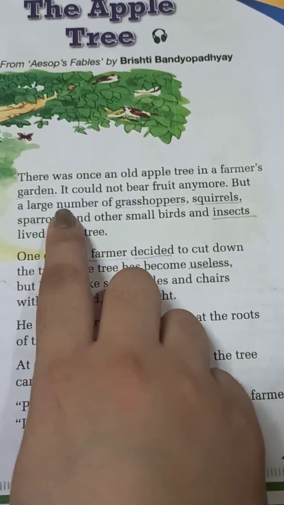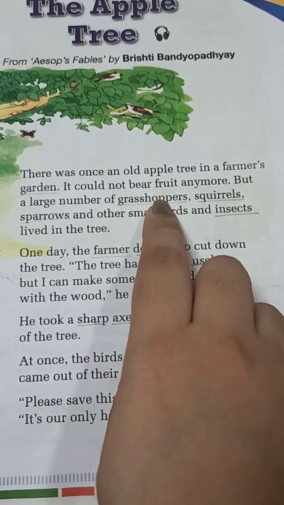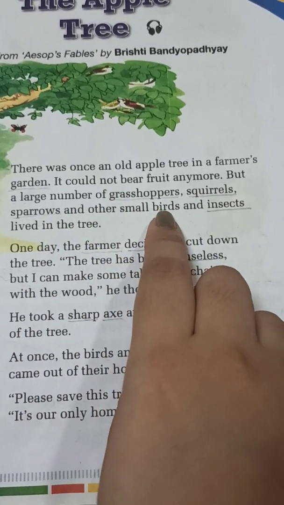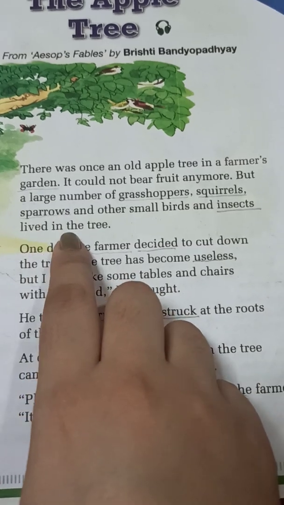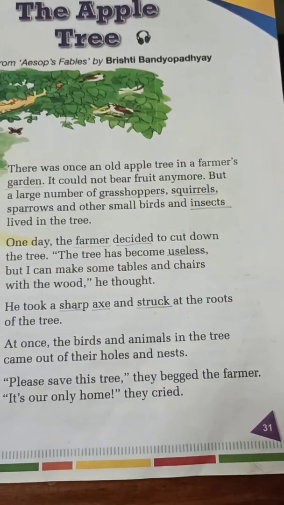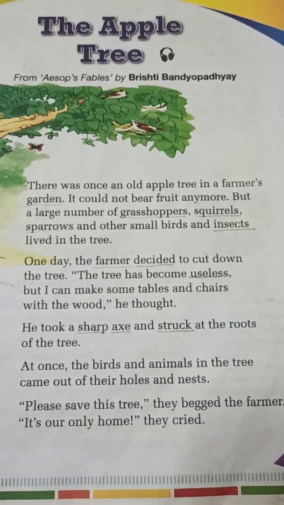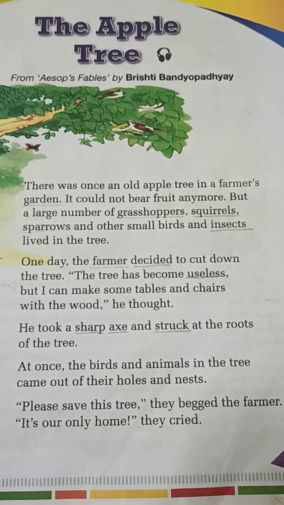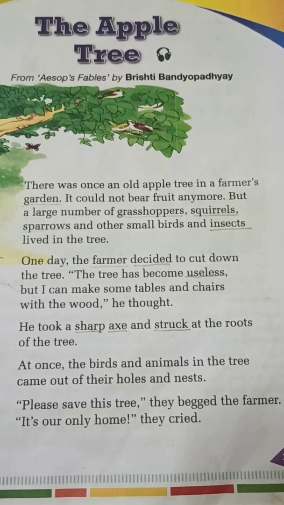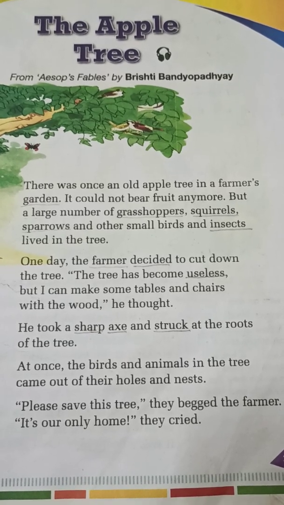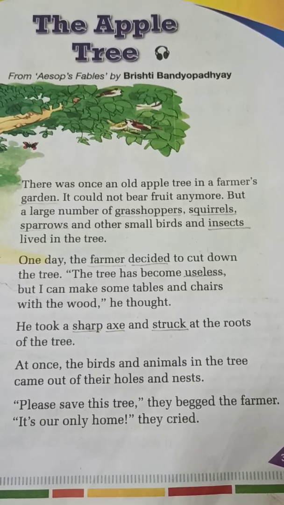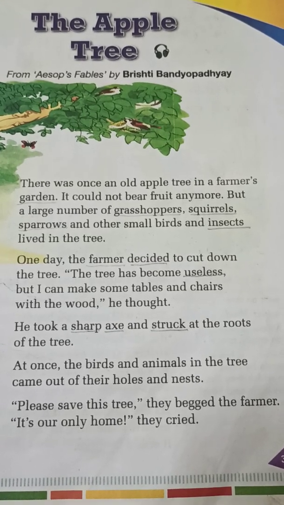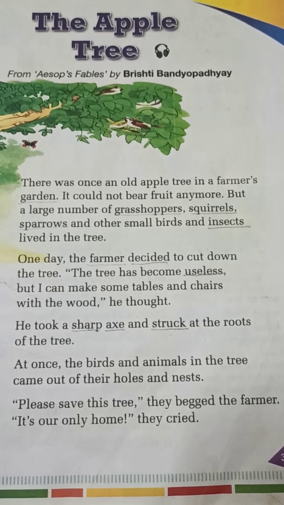But a large number of grasshoppers, squirrels, sparrows, and other small birds and insects lived in the tree. Apples could not grow in this tree anymore, but there are a large number of grasshoppers, squirrels, sparrows, and other small birds and insects living in the tree.